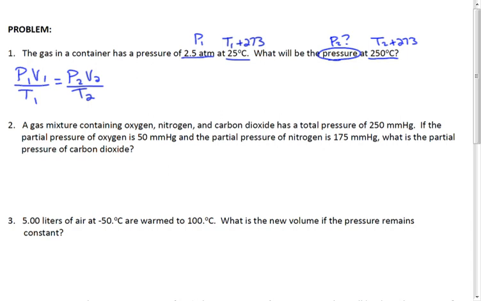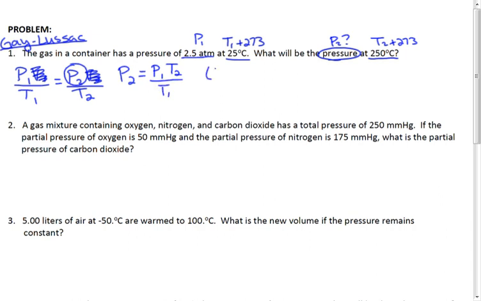So it does not mention volume at all, so we can get rid of that volume. Since it is dealing just with pressure and temperature, this is going to be Gay-Lussac's. You have to be able to recognize which one of your gas laws is being used. And we want to solve this for P2. So when we rearrange this, we get P1 T2 over T1.